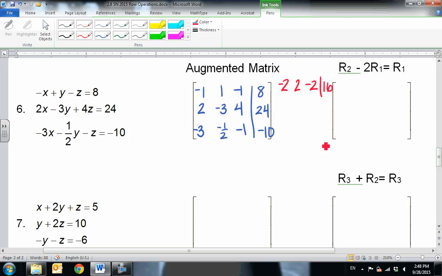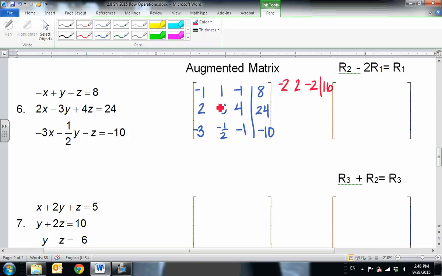Or you can just multiply the top row by a positive 2 and subtract. Okay? Does that make sense? I think that's the easier one, so you're just remembering one time to do it. So the negative sign, think of it as you're subtracting twice R1. Okay? All right, so start with row 2 and subtract this double R1.